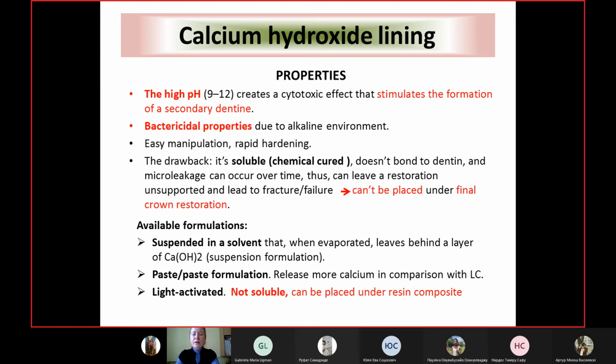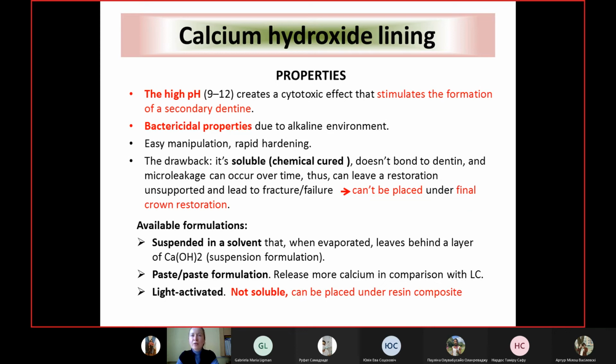But we should understand that chemically cured calcium hydroxide material releases calcium hydroxide into tooth tissues. And if this process develops, the material is resorbed. So sometimes, on a rare visit, when the dentist removes the cement base lining or temporary dressing from the tooth, he cannot find any calcium hydroxide material because it was resorbed.